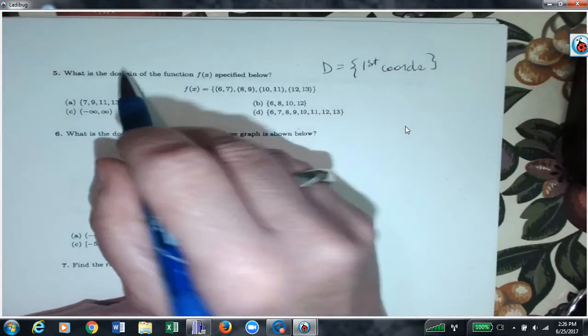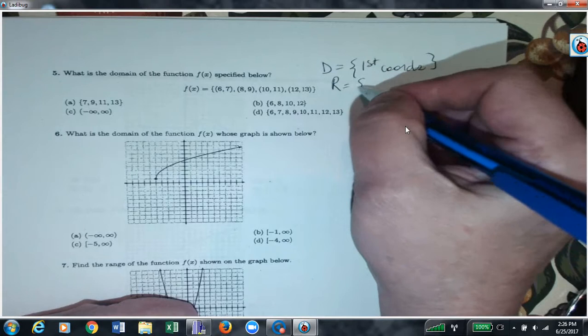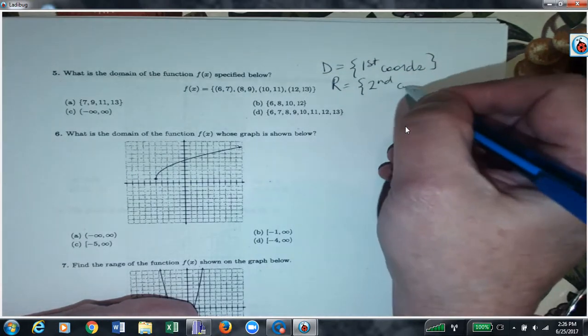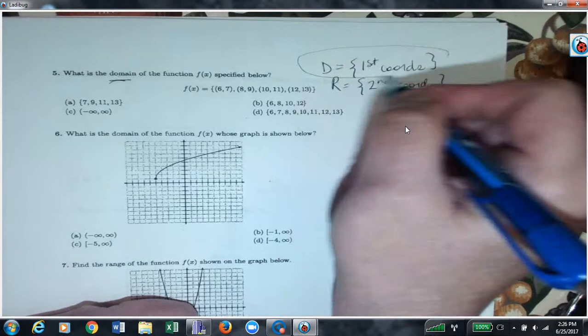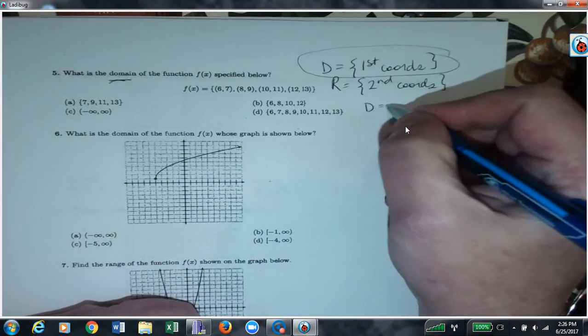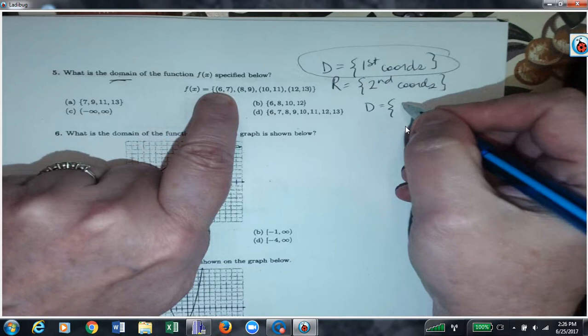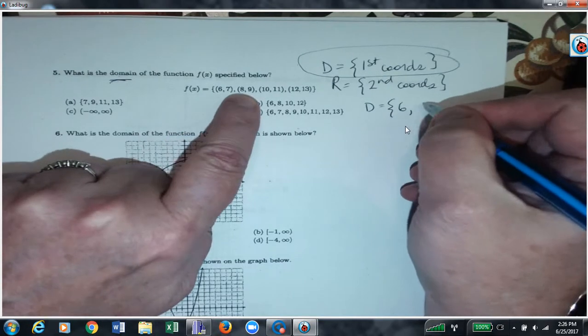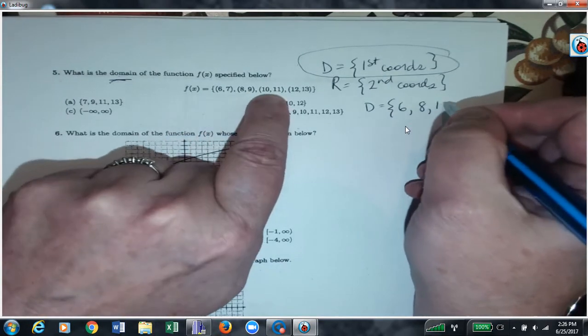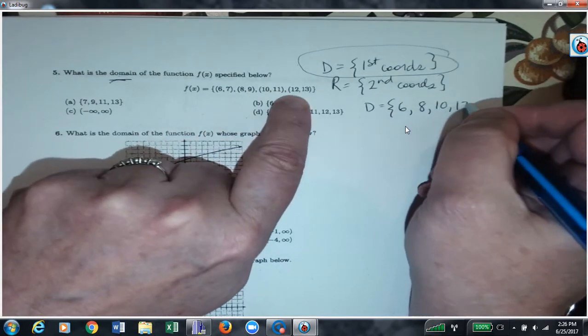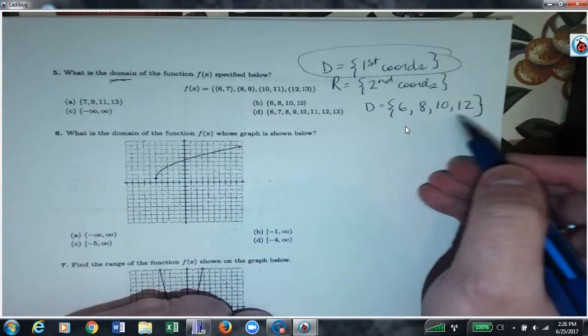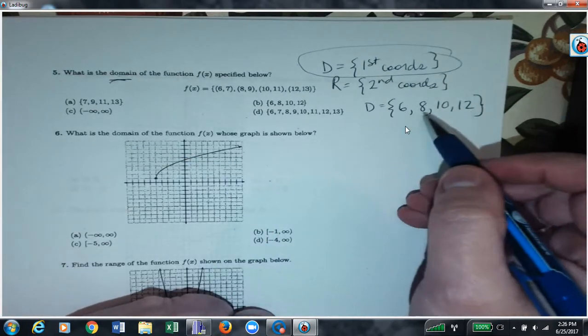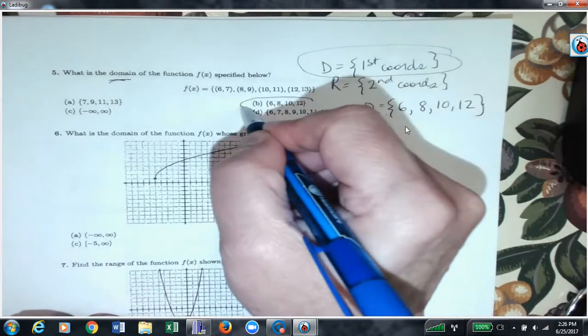If we had been asked for the range, it would have been the set of second coordinates. But we've been asked for the domain, and so we're going to look at this. So the domain is going to be the set of, well, my first coordinate is 6, then 8, then 10, then 12. And that is my domain, 6, 8, 10, and 12.